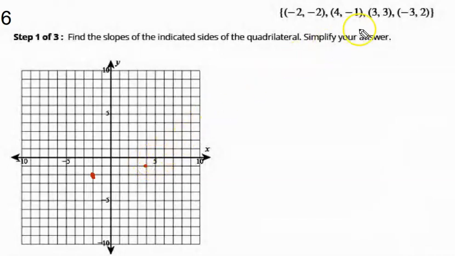Right there. 3, 3. So going over 3, up 3. And then negative 3, 2. Negative 3, 2. Okay, I don't know if you see it or not, but we've made a parallelogram.